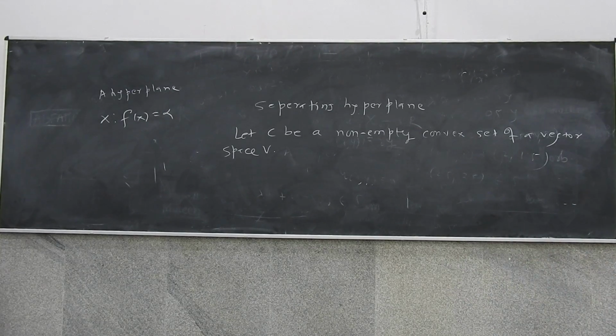So in fact, the indifference curve is a hyperplane. An isoquant is also a hyperplane, because it's the set of all x and y which give the same utility, or all the labor and capital combinations which produce the same output.